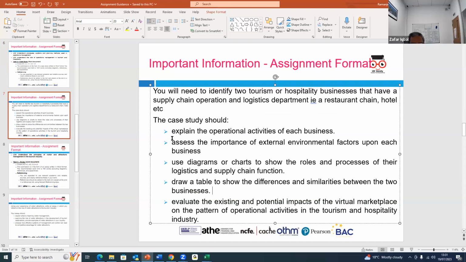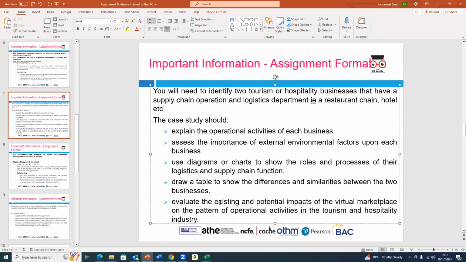And the last bit, 1, 2, 3, 4, and the last bit, evaluate the existing and potential impacts of the virtual marketplace on the operations activities. What it is saying, what is the effect of online, yeah?